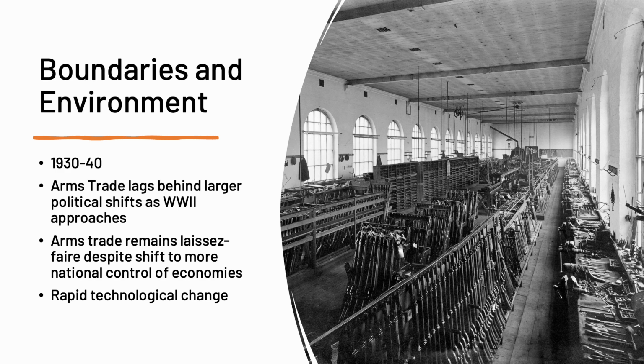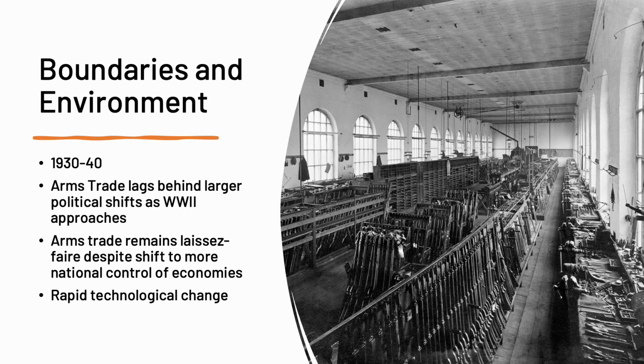Lawrence also says that arms trade remained relatively laissez faire despite a shift to more national control of economies. So what's really interesting is that even though many more countries were getting a more managed grip on the outputs and the inputs within the state economies, the trade in arms was still relatively uncontrolled.